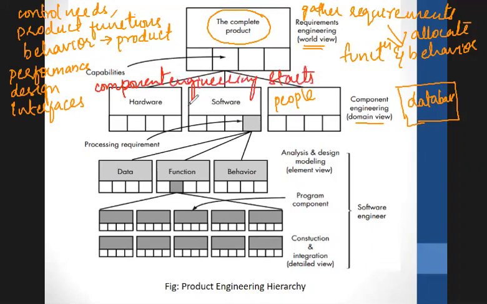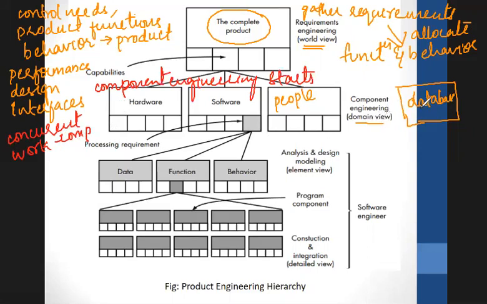Now in system component engineering, there is a set of activities that is going to focus on each and every component differently. A particular software is not going to be made up of one component, it is going to be made up of different components. So here you're going to work on all the components concurrently. Concurrent work upon different components is going to be performed, like software engineering, hardware engineering, human engineering, and database engineering.